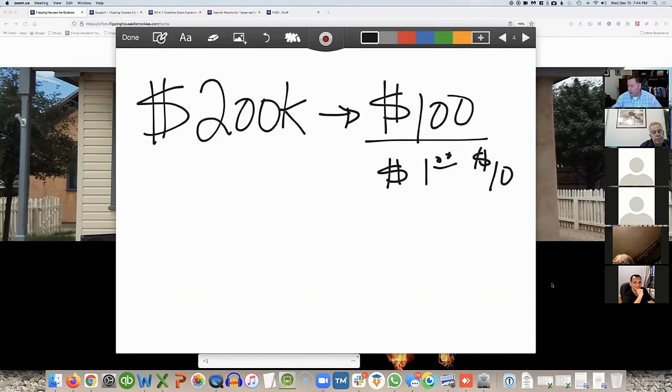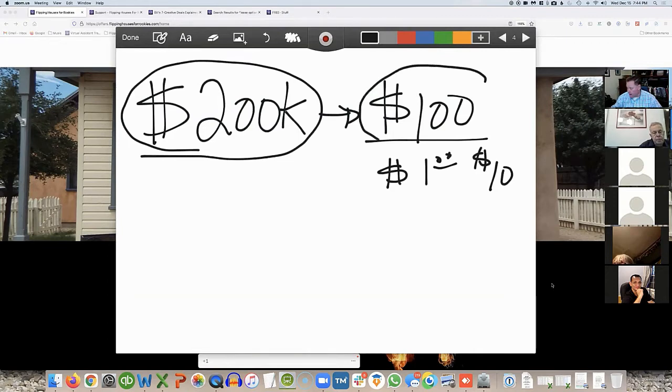So I'm buying the rights to sell this property for $200,000. For $100, I have the right to buy or sell this property. And if I promise the customer $200,000, any price above that.